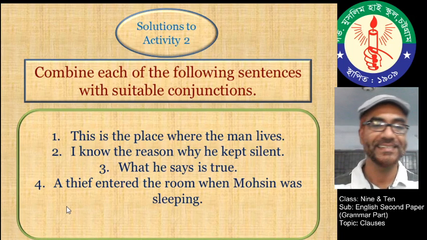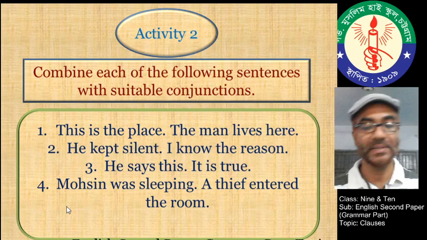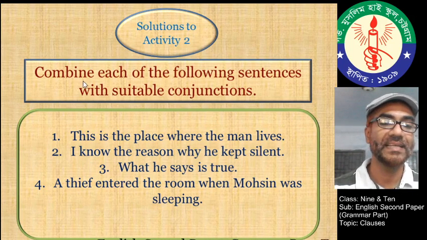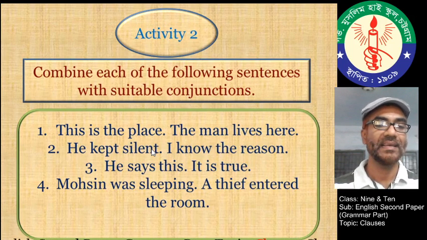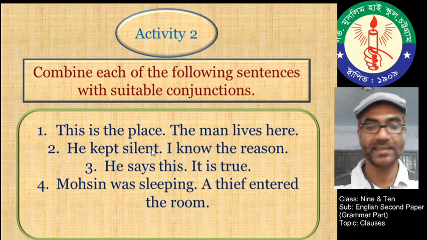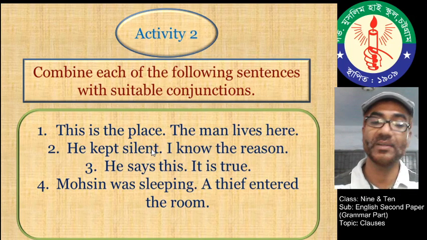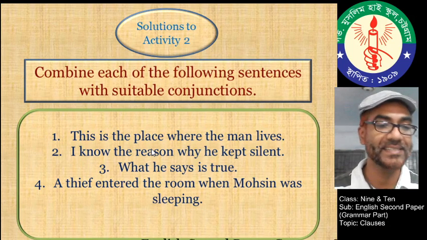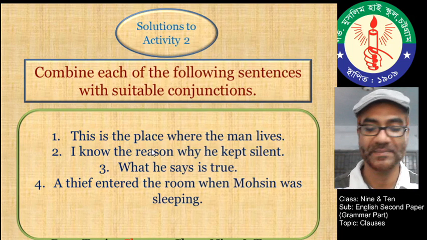Here is the solution. First one: this is the place, the mill is here. You see the number 1: this is the place where the man lives. Next, number 2: he kept silent, I know the reason. How are these two sentences joined? I know the reason why he kept silent.